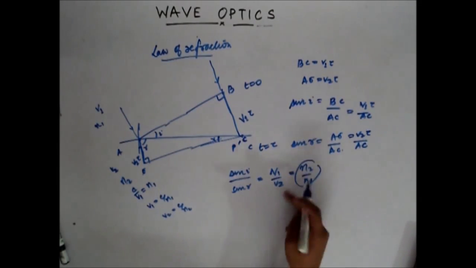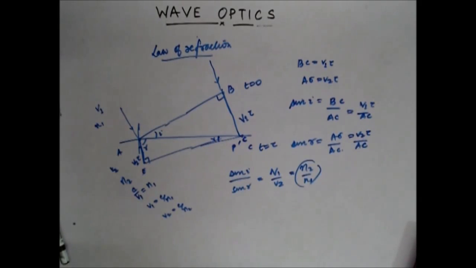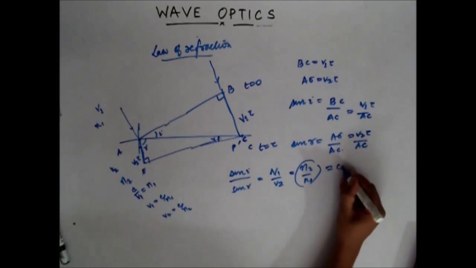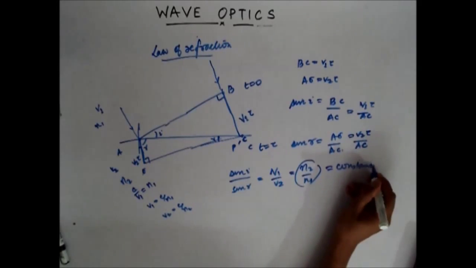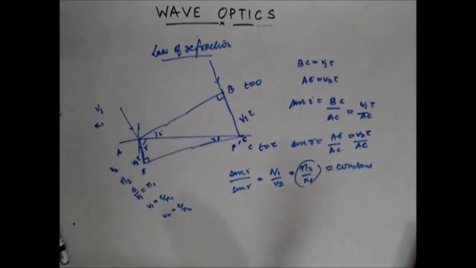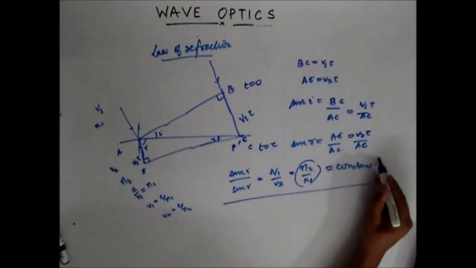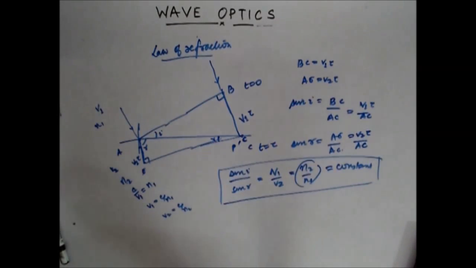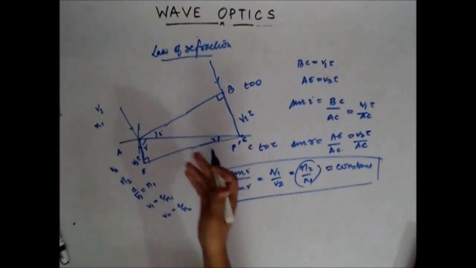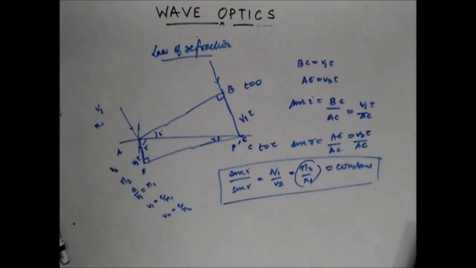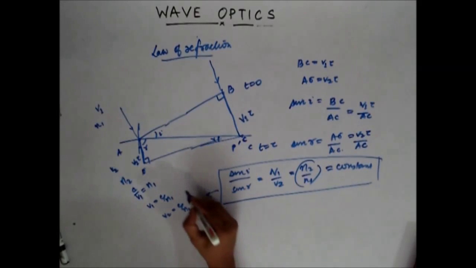Put these values here and you'll see that this comes out equal to n2 by n1. So you can say that this is a constant, because n2 and n1 are defined for a particular medium. So sine i by sine r is constant for a given pair of mediums. This proves our Snell's law.